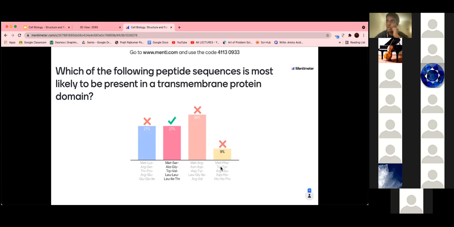So that's once again not too likely to be present. And this choice contains all hydrophobic residues, which means that it is most likely to be in a transmembrane domain because it can be present inside the lipid bilayer, because it's hydrophobic, and the fatty acid tails of the lipid bilayer are also hydrophobic. All right, moving on.